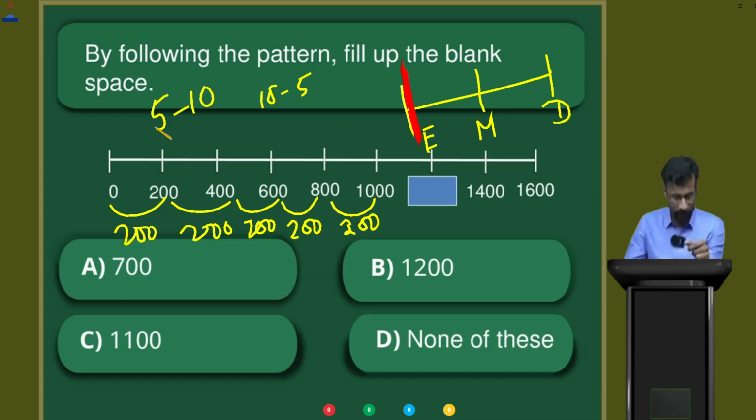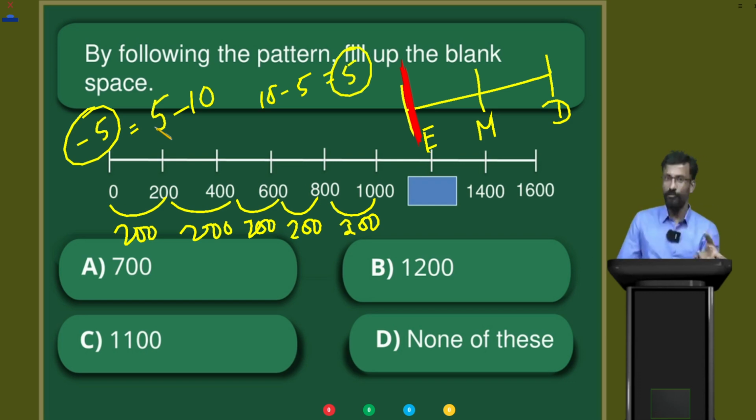So in that case, we find minus 5 and we find 5. So one value is in negative mode and one value is in positive mode. But that's called subtraction value.